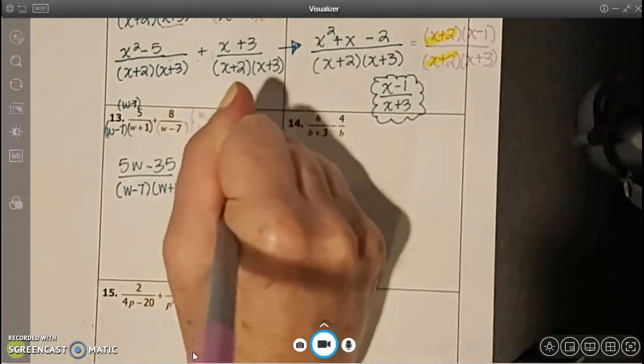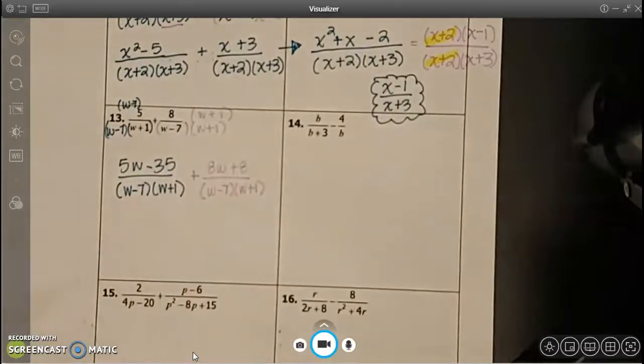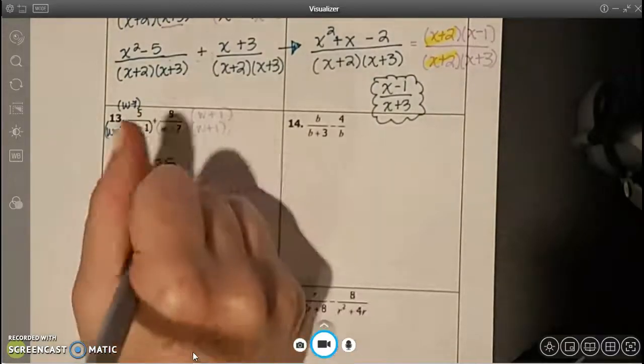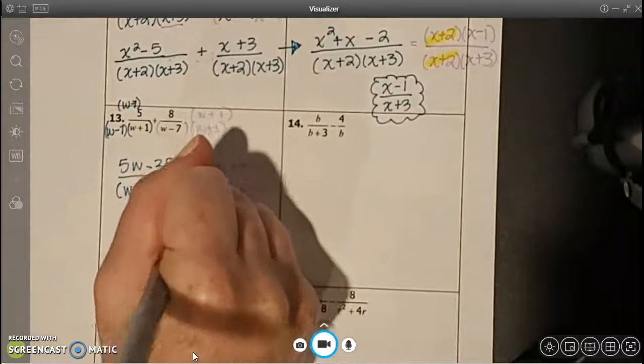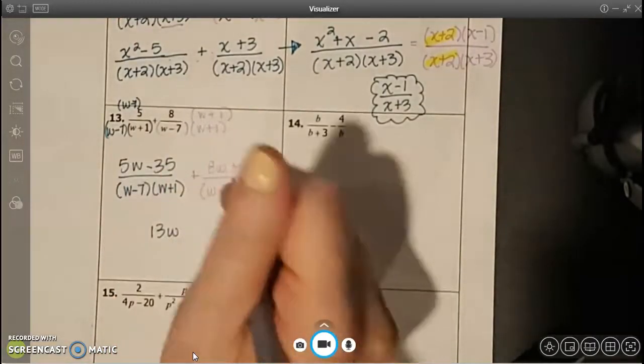Notice now I have common denominators, so I'm just going to combine my numerators here. 5w plus 8w is going to give me 13w. And negative 35 plus 8 is going to give me a negative 27.